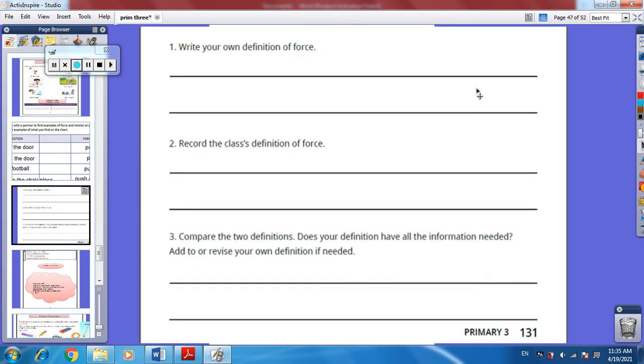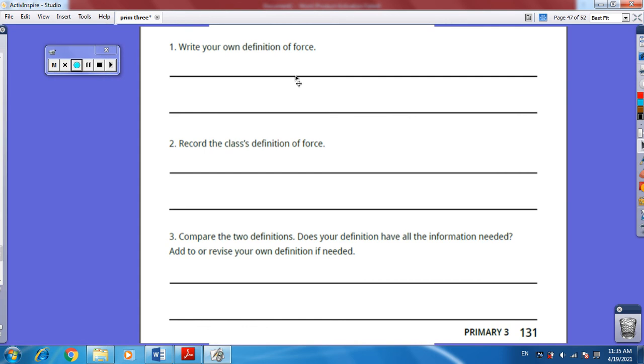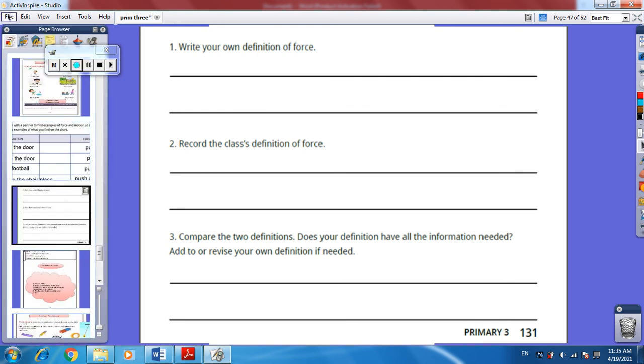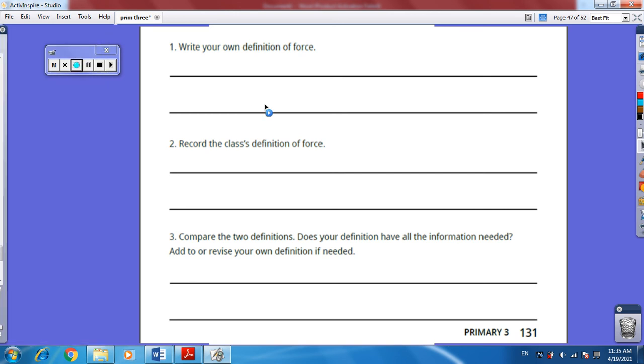Let's complete. Write your own definition of force. What do you think is the meaning of force from the previous lesson? The force is, yes, I hear you, Salma.